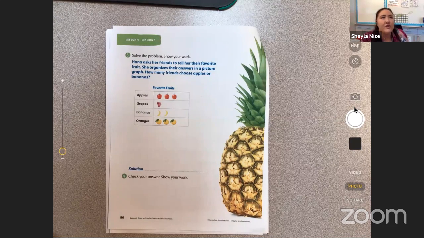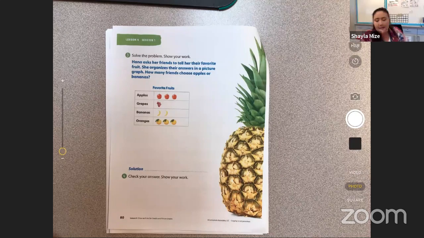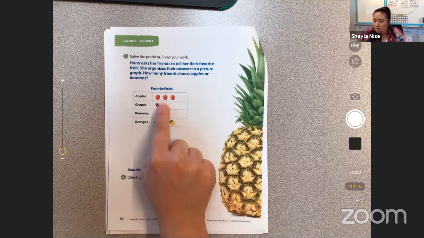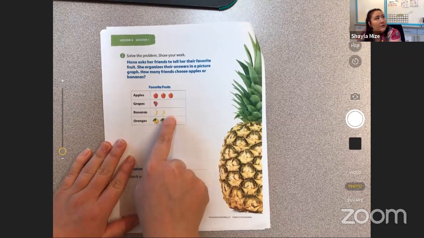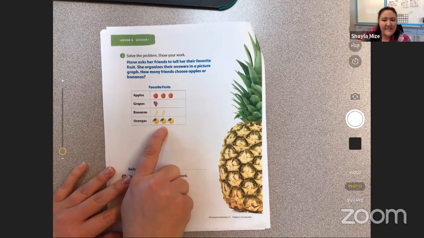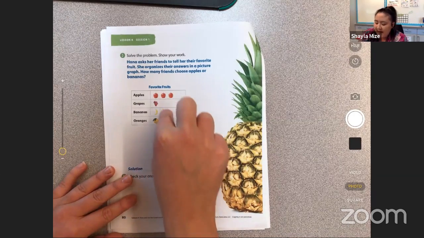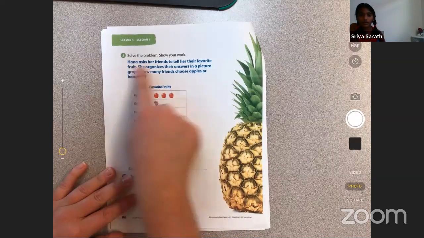Okay, questions. Shreya, question. I don't know what data is. What data is? Yeah, if I point to these, what does this mean? It shows that there's 3 out there. Okay, that's data. This is data. It's collected data. Hannah asked her friends.